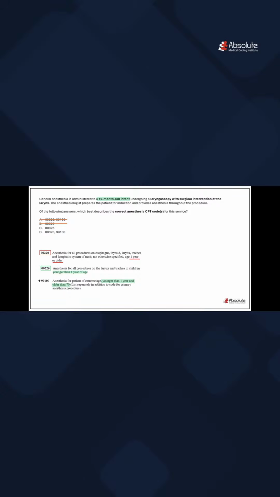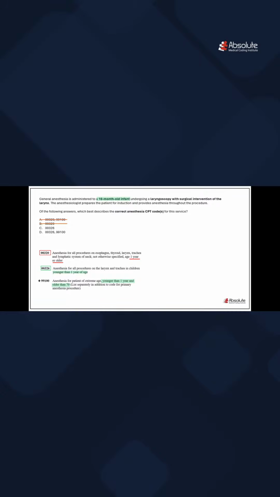Okay, so the parenthetical guideline states that you should not use 99100 with 00326. And there is also another reason. Logically, do you need an additional or an add-on code to say that the patient is younger than 1 year when it's already mentioned in your CPT code language? No, right? Yes, if you read the code language for 00326, it's already mentioned over there.